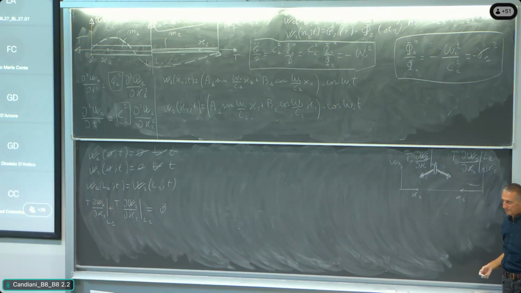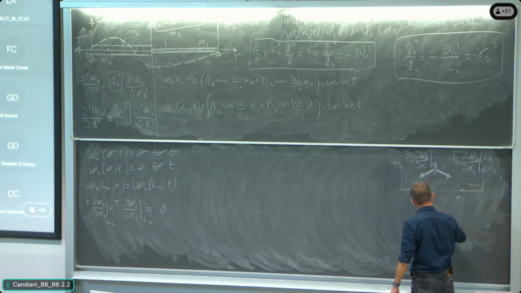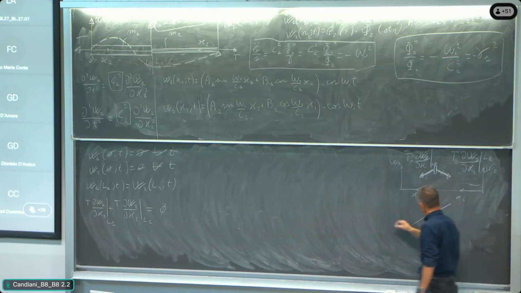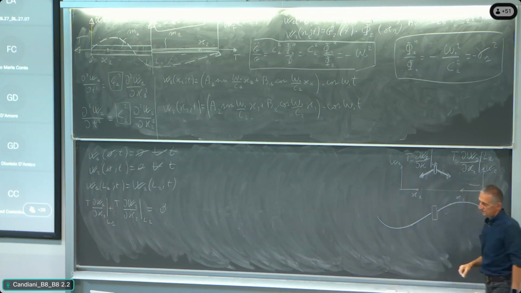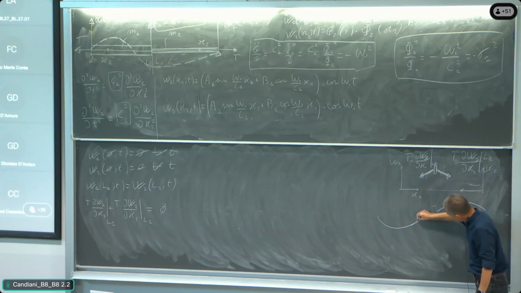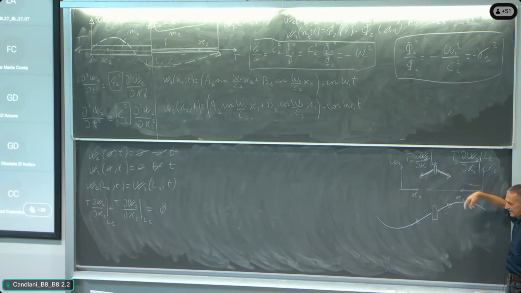Okay. This saying that the total must be 0 means that at the location where we have the connection, the derivative with which we are getting here from the left is exactly the same as the derivative that we are getting out from the other one. All right. So this will be T1, and this will be T2. The two of them are adding, and they must be 0.